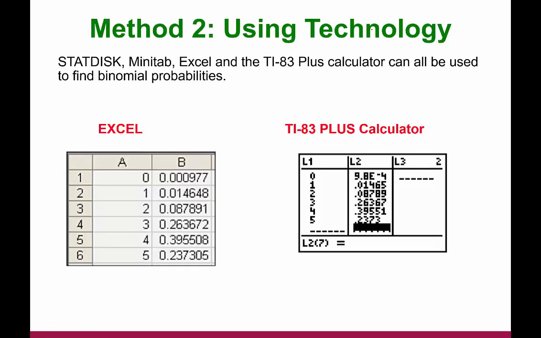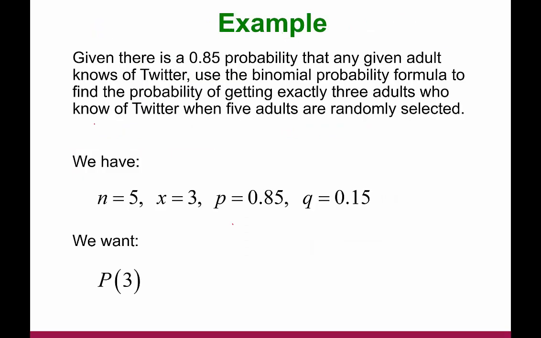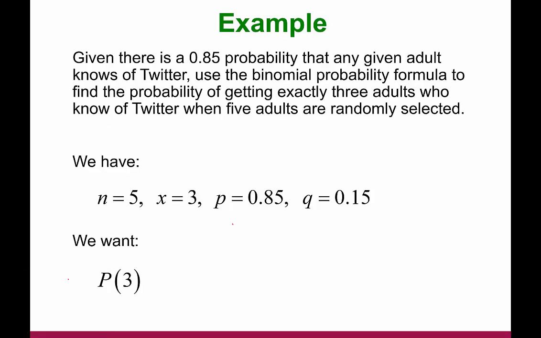Check those 4 requirements. First one, fixed number of trials. We have 5 trials. That's why n equals 5.